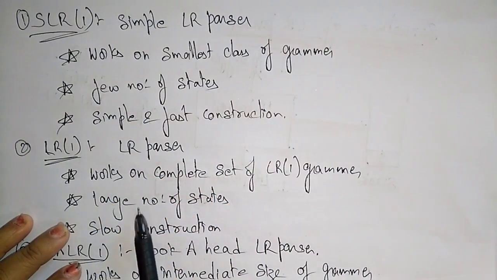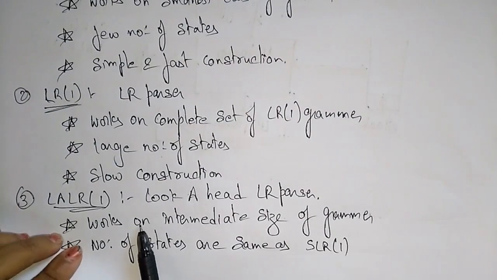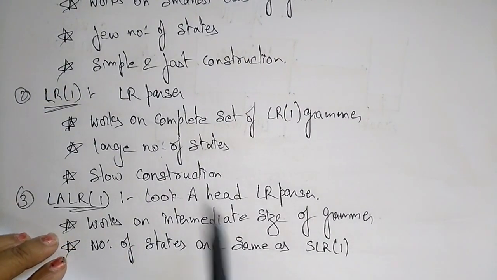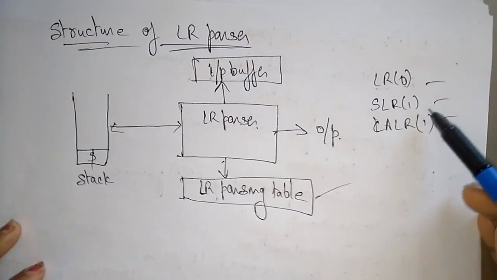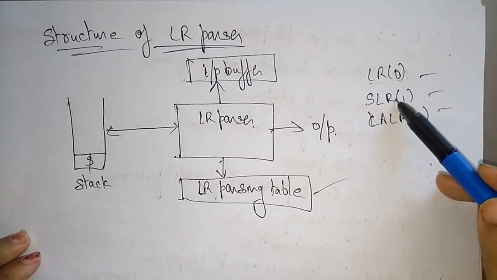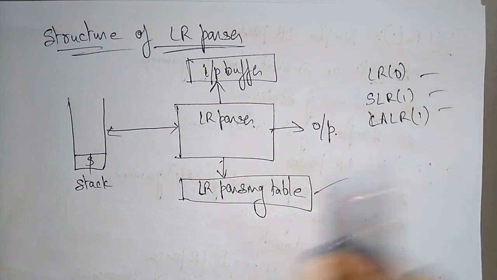SLR requires a very small table, whereas LR requires a large number of states, means a large table is required. And LALR is having the same states as SLR. Everything whatever grammar is used in LR, SLR, LALR, everything is the same. The only difference here is the parsing tables they are using.